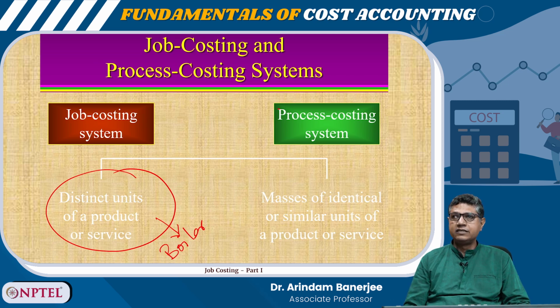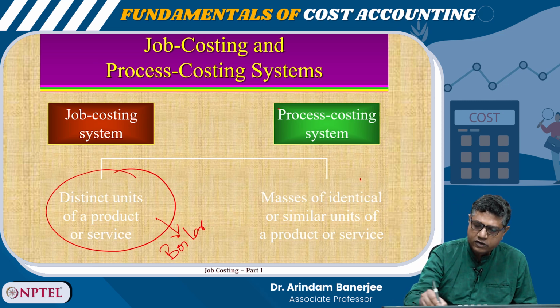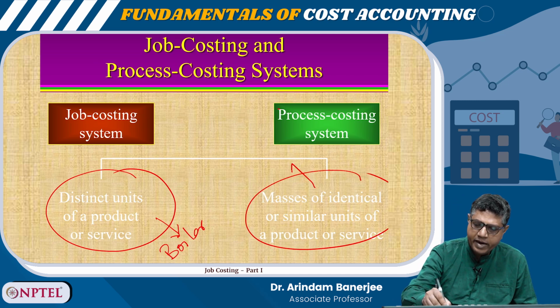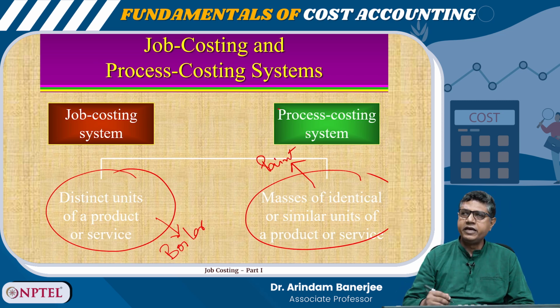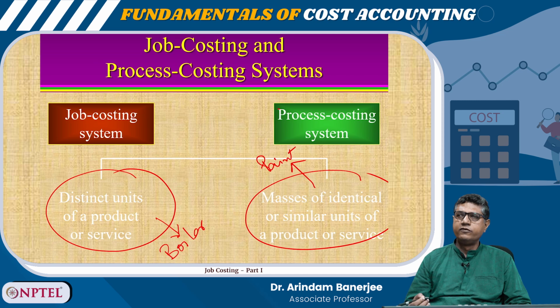But the process costing system is followed where masses of identical or similar units of a product or service are produced. A common example is paints, say Asian Paints Limited. When they have to calculate the cost of paint per liter, they need to do this.